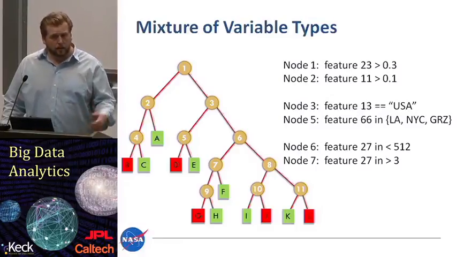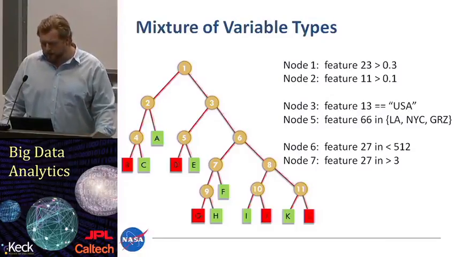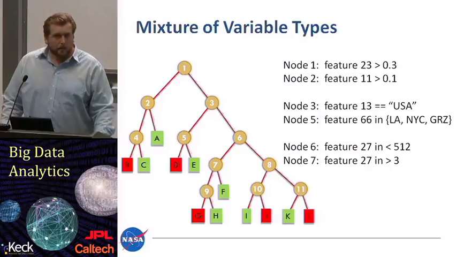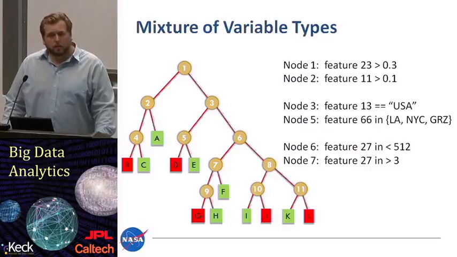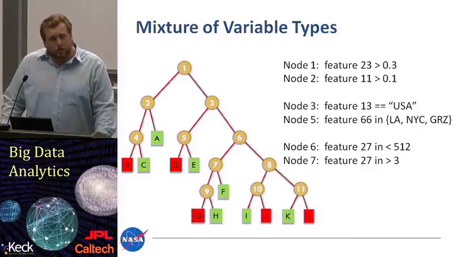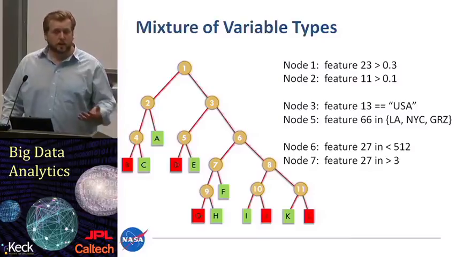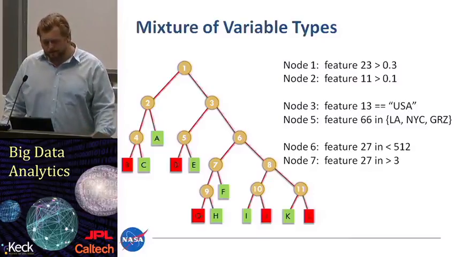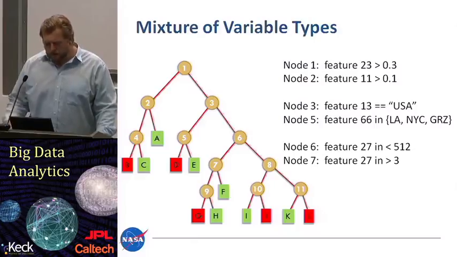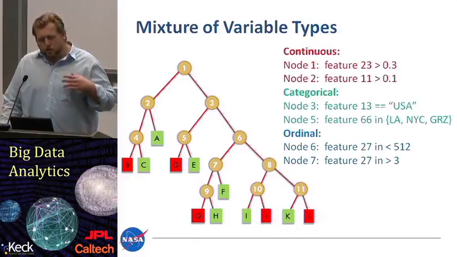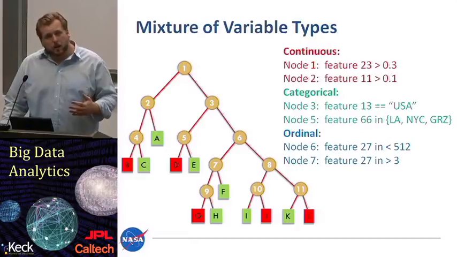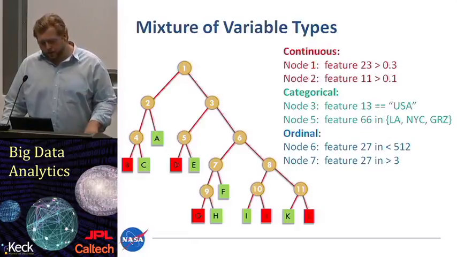We could have categorical variables, like countries or cities, or we could have ordinal variables where we have an ordering on something. We could also have more complicated structures, so some mathematical objects like matrices or vectors, which are the samples in that case. And what you can do in a random forest is you could use different kinds of features at different split nodes.